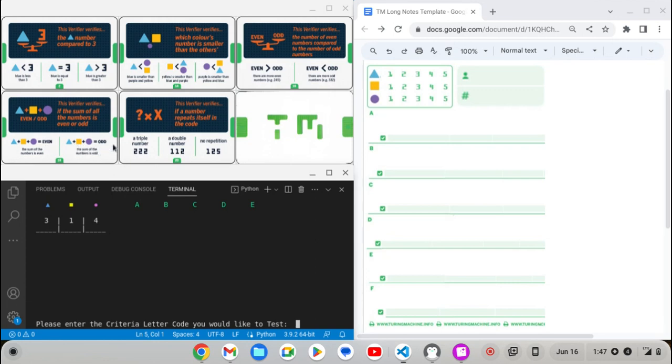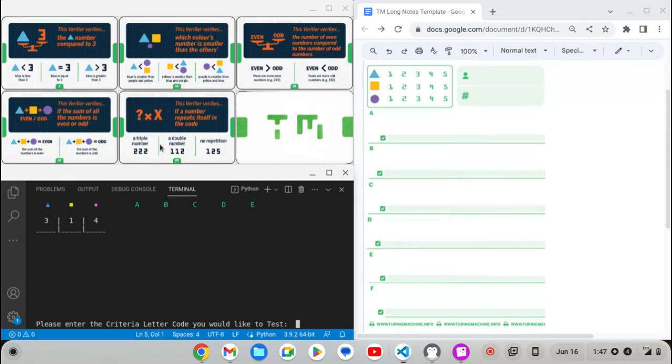And again, last criteria card E again looks at our 3-digit code and will let us know something about its structure, meaning it'll let us know whether there are no repetitions in the code, meaning that no digit is repeated, as in the example 125, or it could possibly be a double number where there is a single digit that's repeated, as in the example 112, or it's a triple number where it's a single digit repeated 3 times, as in the example 222.